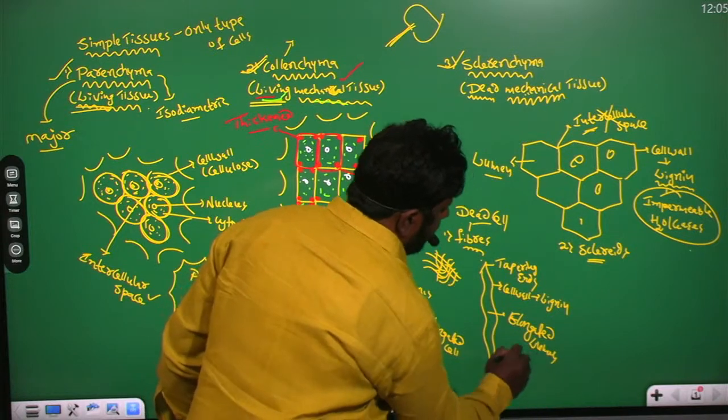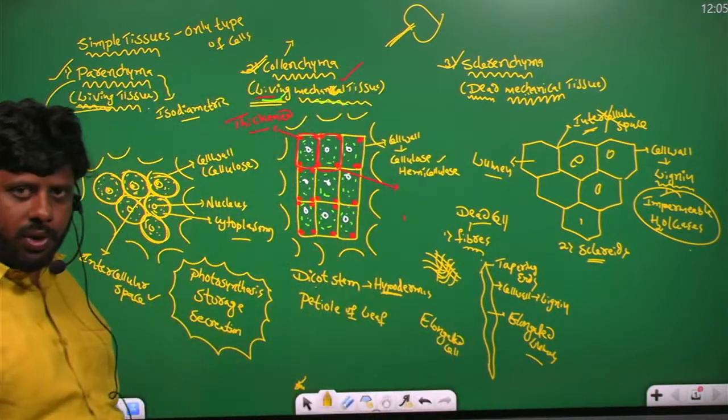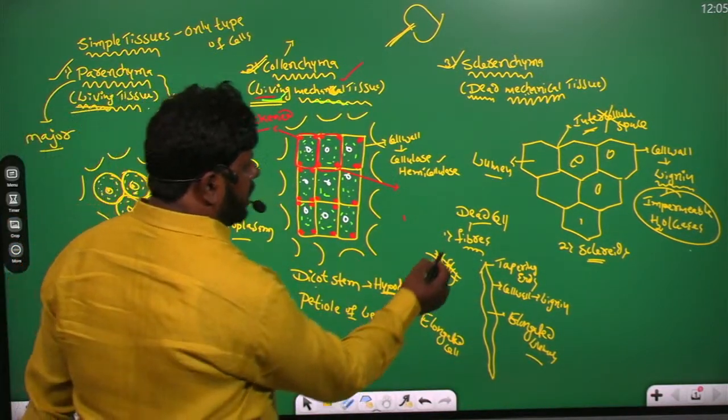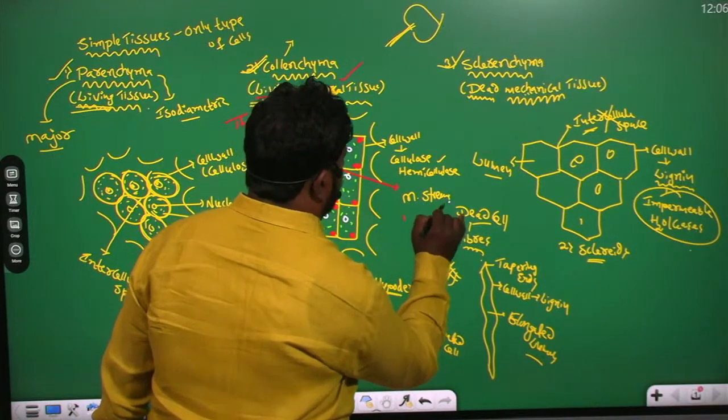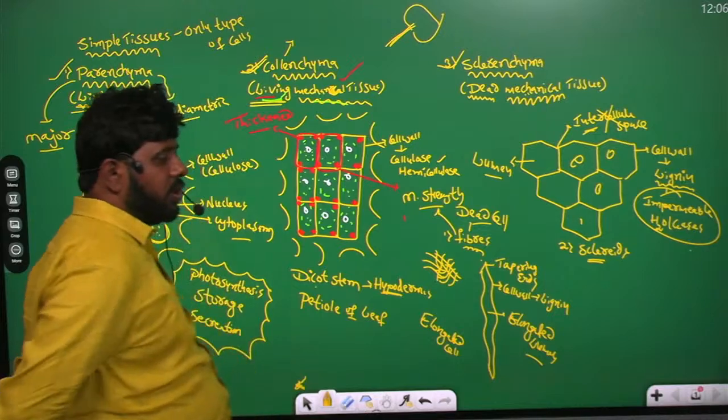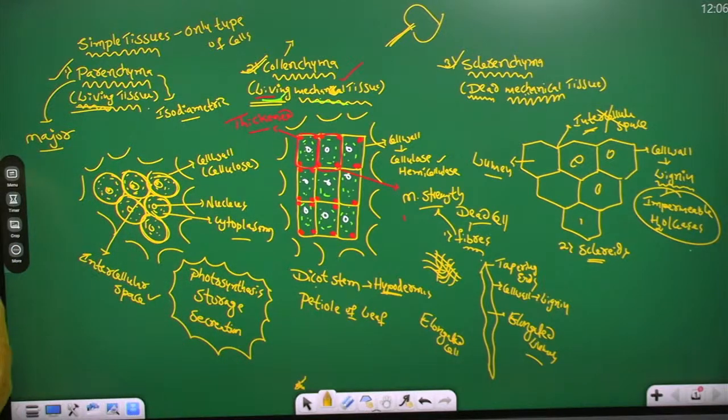And what is the function of fiber? Fiber plays an important role in providing mechanical strength to the plant.